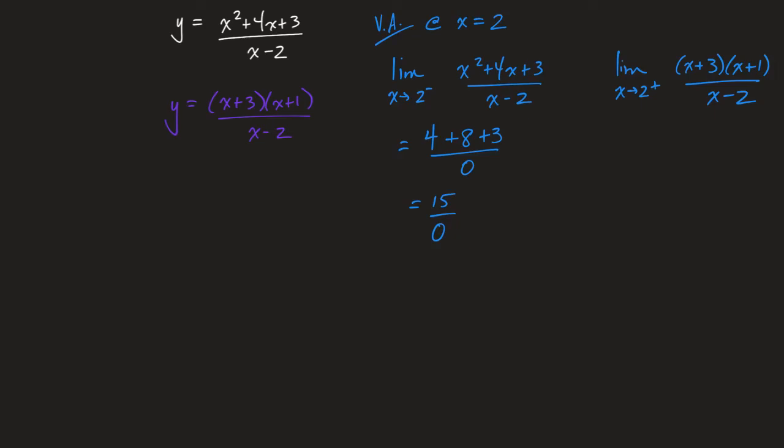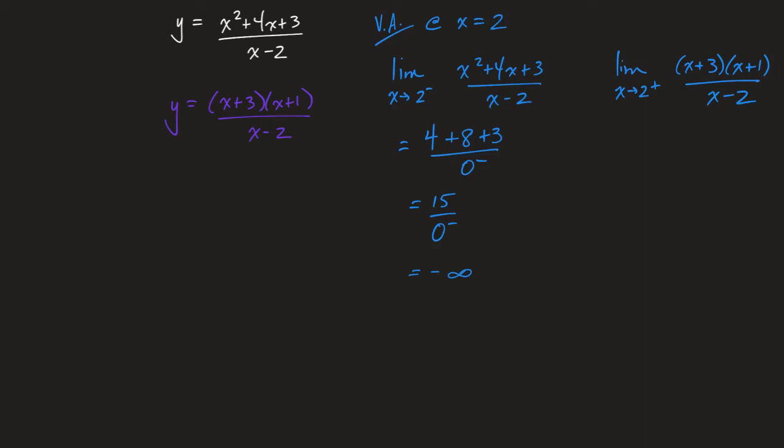I don't care about the 15 on the top. Either side of 15 is about the same. I do care about that 0 on the bottom. So if I'm subbing in something a little bit less than 2, that's a value smaller than 2. And if I sub in smaller than 2 and then subtract 2, I'm always going to get a negative value. That means my denominator is that negative bit, and so when I calculate that, I get negative infinity.